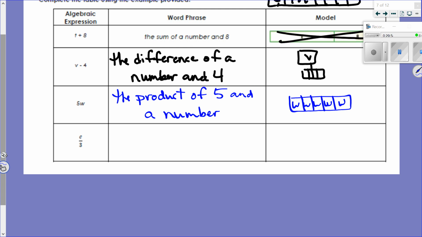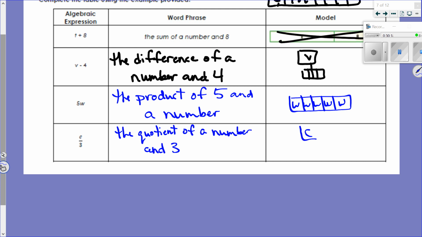And our last one. Lydia? Quotient of 3 and a number. Wouldn't it be a number and 3? Would be a number and 3. Remember, my dividend or my numerator has to come first. So what does the model look like?